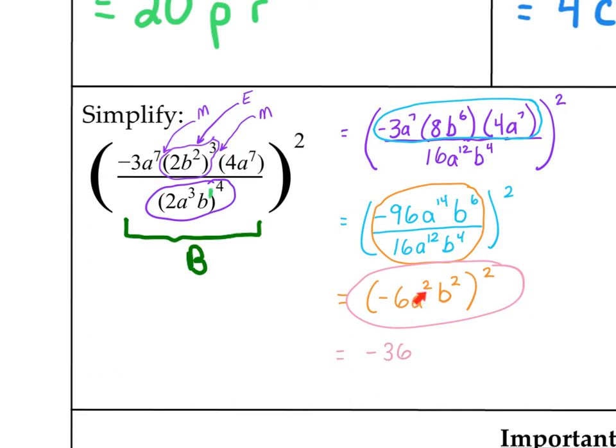For the a's, an inside exponent gets multiplied with an outside exponent. So that would become a to the 2 times 2, which is 4. And the same with the b's. The inside exponent is 2 and the outside exponent is 2, so that would be an exponent of 4.